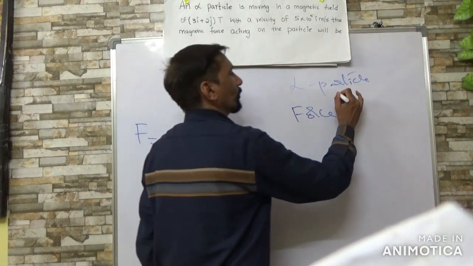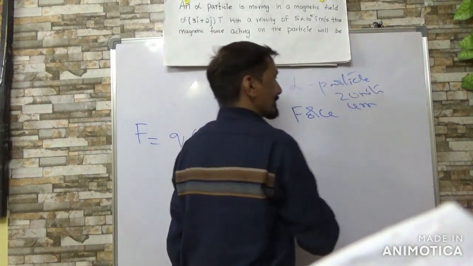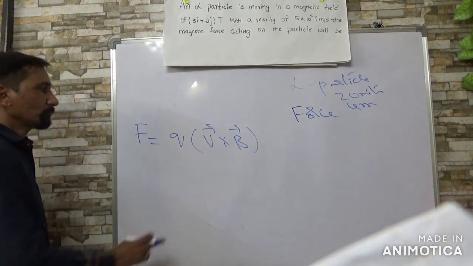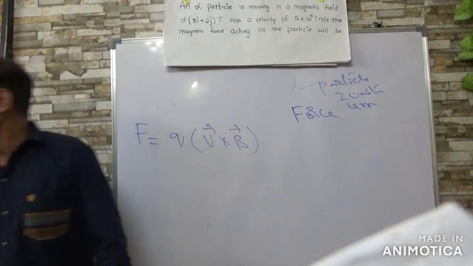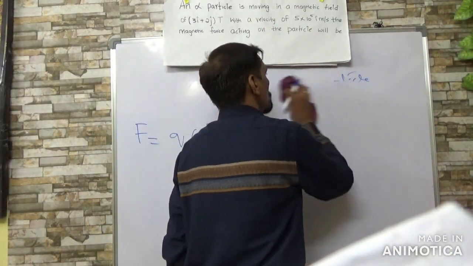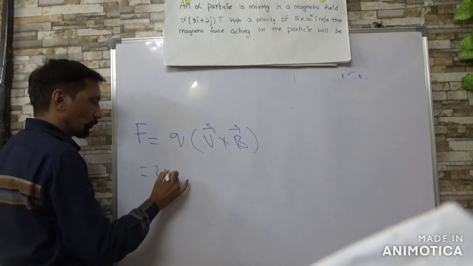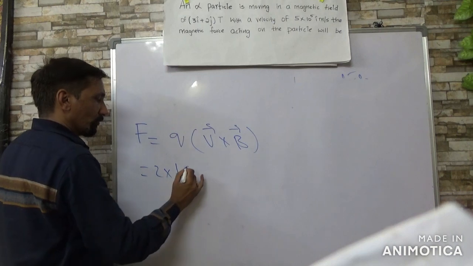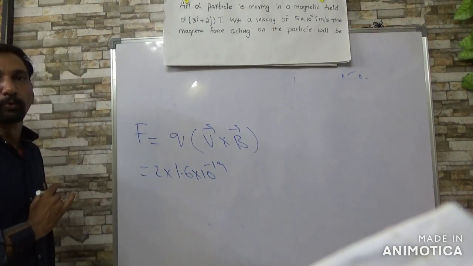The alpha particle has 2 units of charge and 4 units of mass. So V bar cross B bar. The charge of the alpha particle is 2 units, so 2 into the charge on an electron, 1.6 into 10 power minus 19 coulomb.